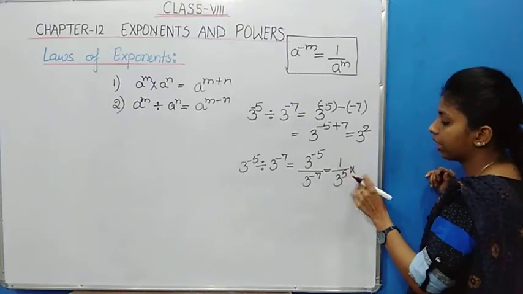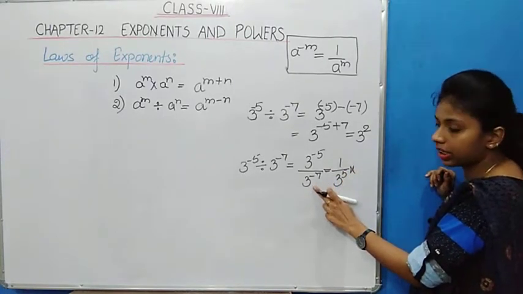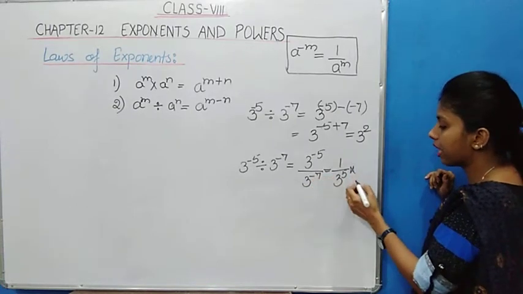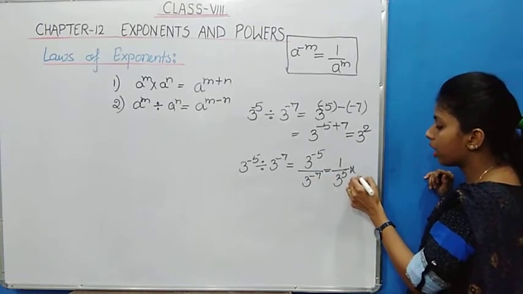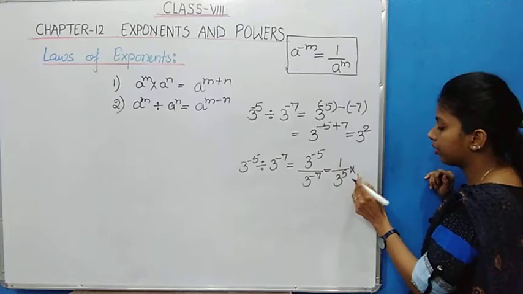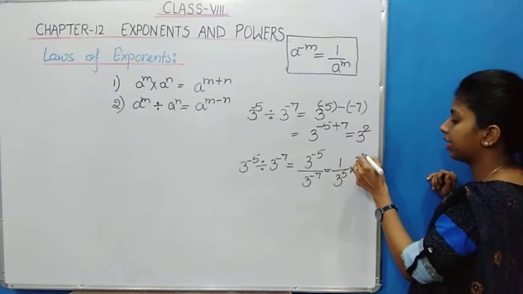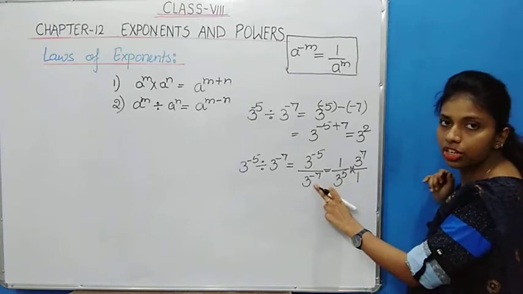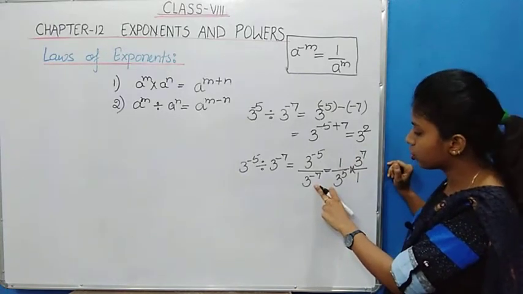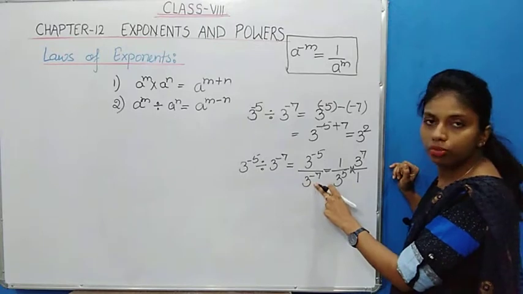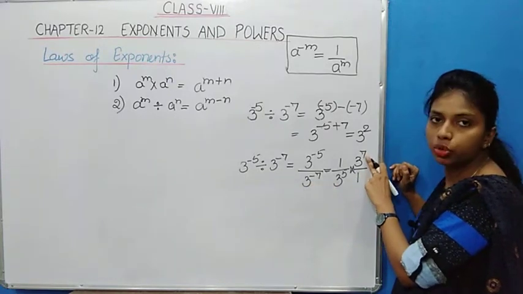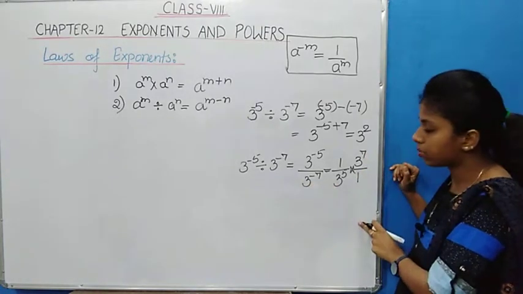And in the same way, if we convert 3 raised to power minus 7, it becomes 1 by 3 to power 7. So of course in the denominator we have a fraction, so the denominator of the denominator is going to become the numerator, that's why I took the reciprocal here.